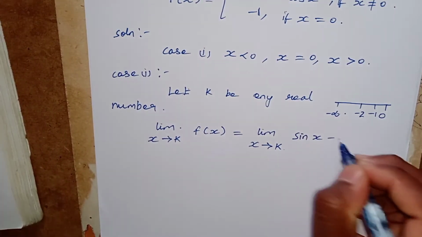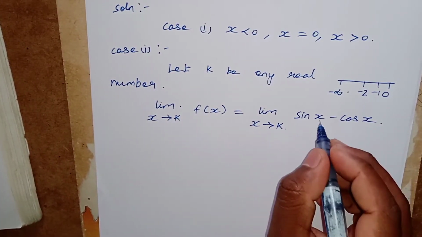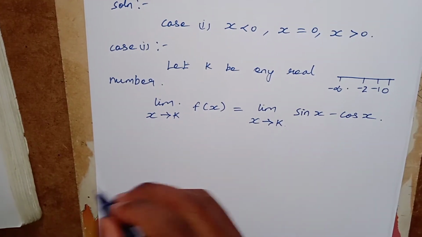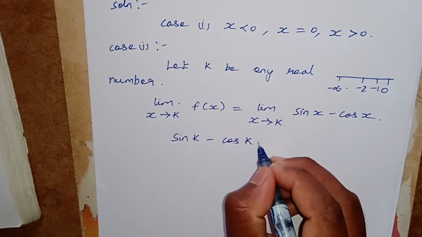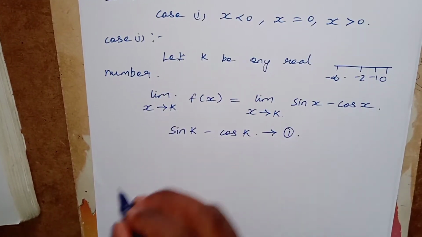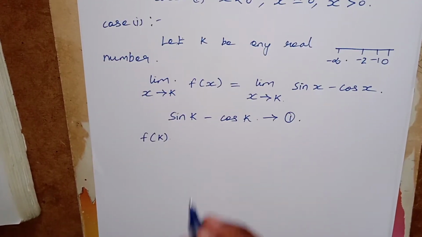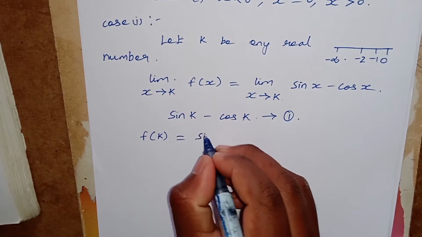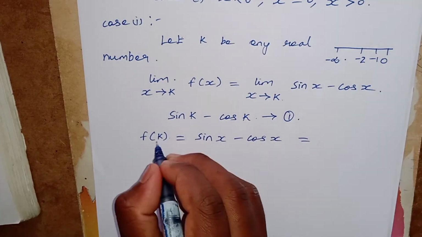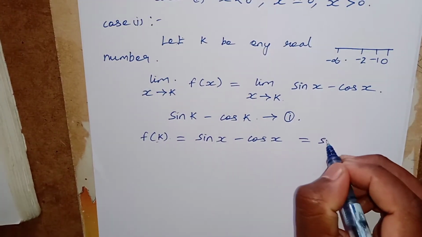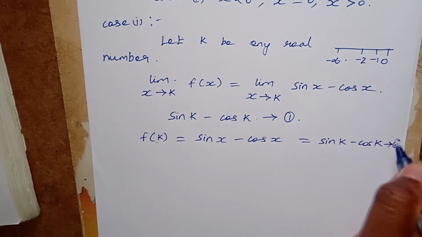My function f of x is sin x minus cos x. Therefore we substitute x equal to k. Therefore sin k minus cos k, equation number 1. Next, f of a. f of a is nothing but f of k. Therefore in sin x minus cos x, in the place of x you substitute k. Therefore sin k minus cos k, equation 2.